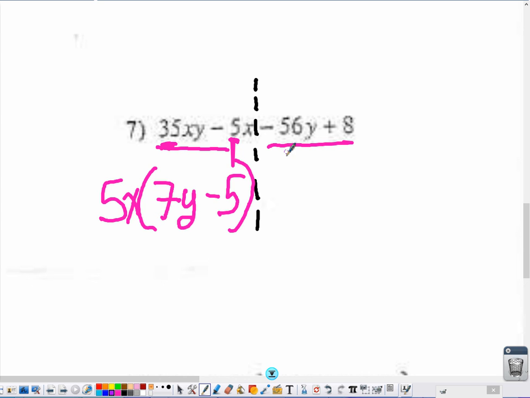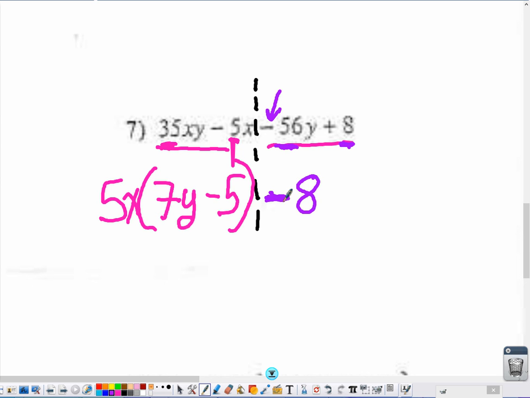Now, let me show you what happens over here on the right. If we have a minus sign, I know I am going to pull a minus as part of my common factor. So I look at this and I see I have a 56 and an 8. They both can be divided by 8.